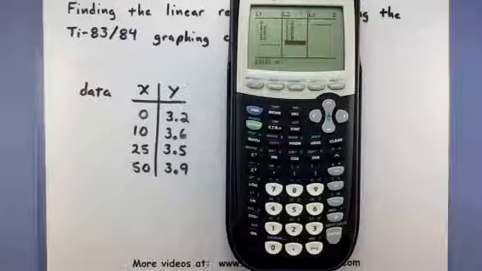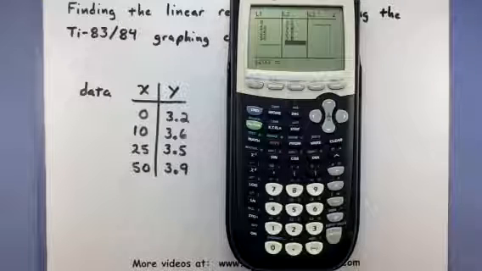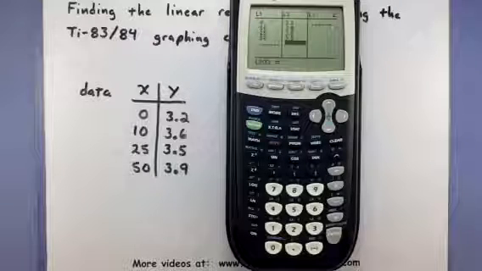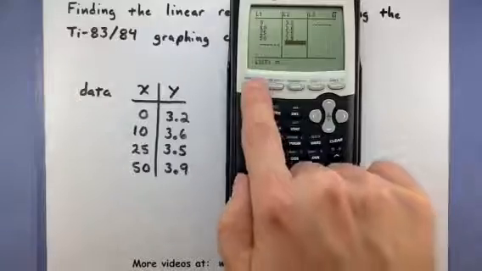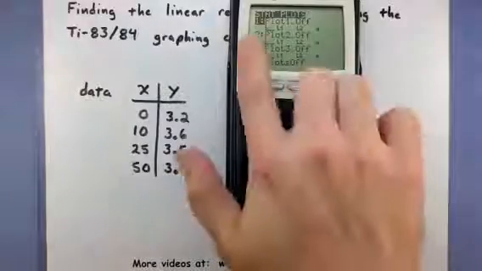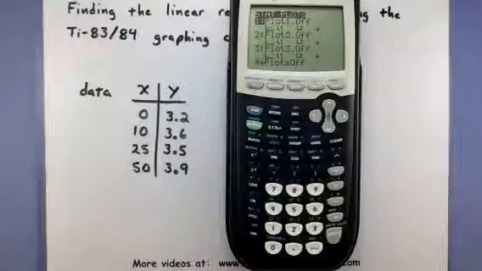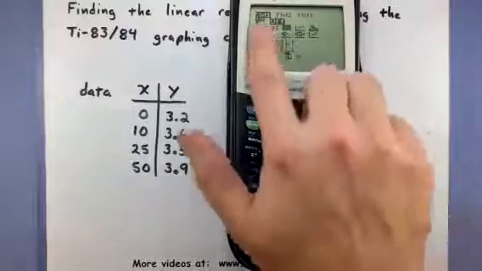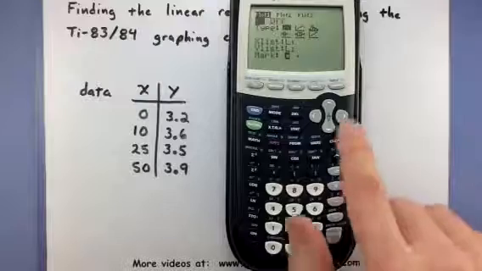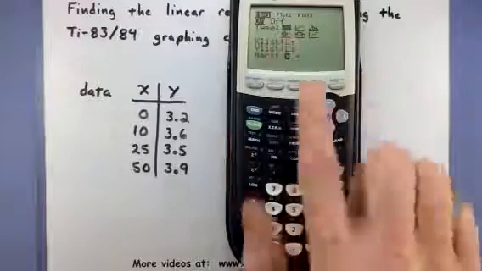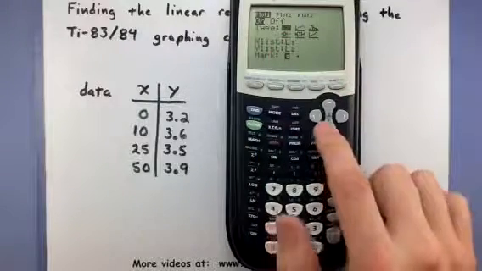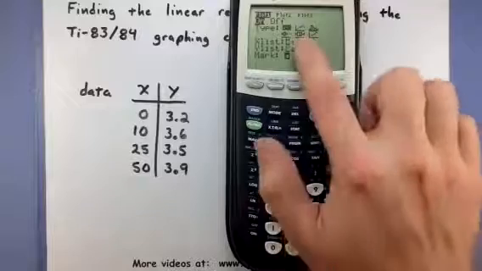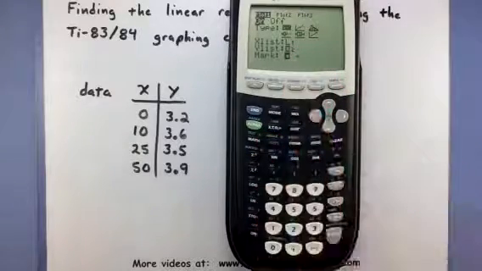Now if you want to see what this data looks like, let's go ahead and set up our scatter plot by going to Second, Stat Plot. Hopefully the first option is selected that says Plot 1, so we'll press Enter. Let's go ahead and press Enter one more time to turn it on. We'll make sure that it is set to scatter plot and that it is pulling the data from list 1 and list 2, and we'll make our mark the boxes.